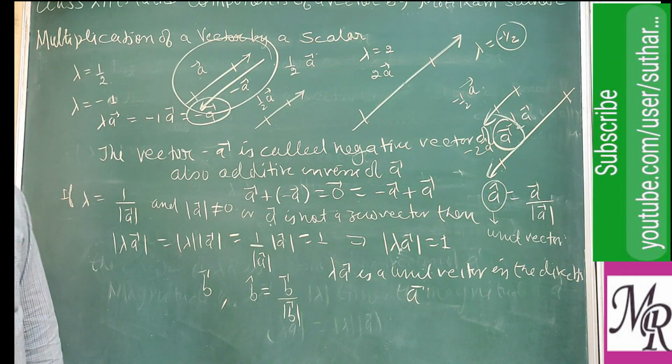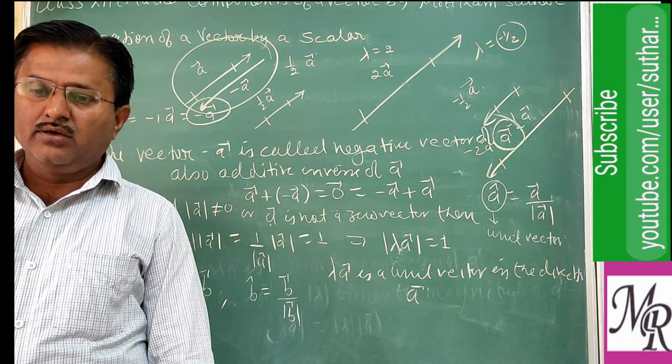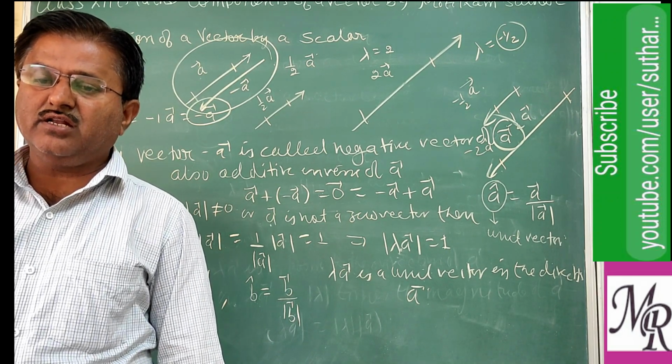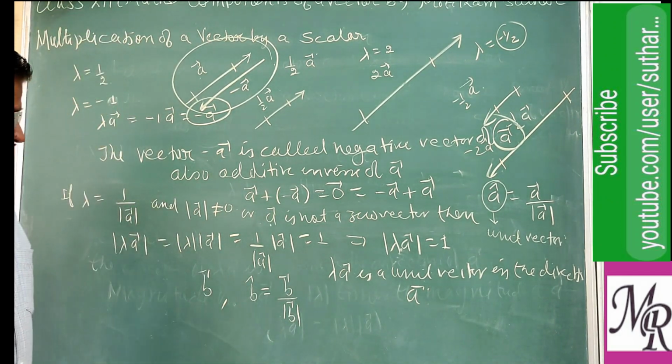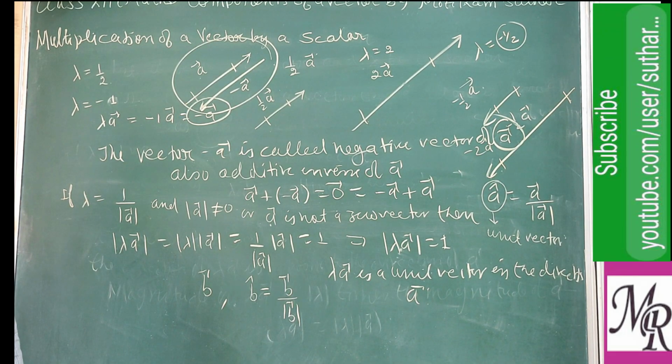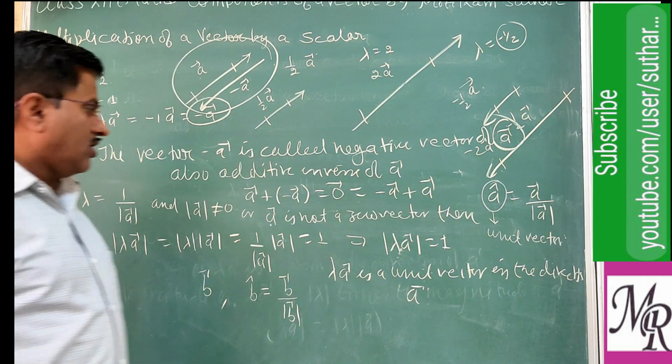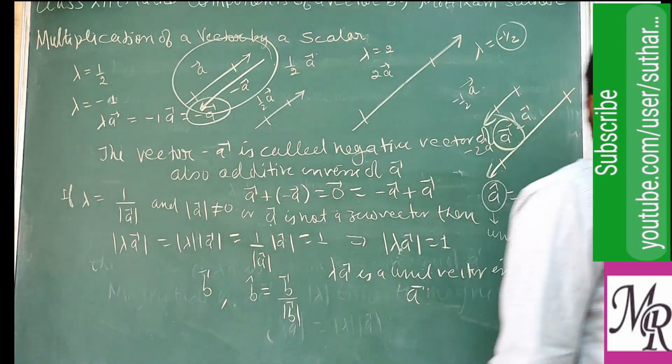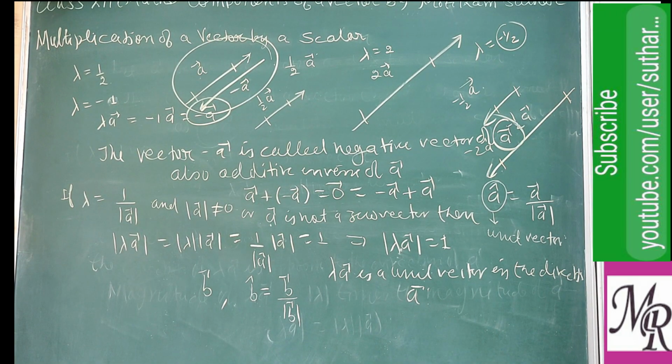This is a simple formula to find the unit vector in the direction of the given vector. So B cap equal to vector B divided by mod of vector B. So this is all about the multiplication and some simple properties of the vectors.